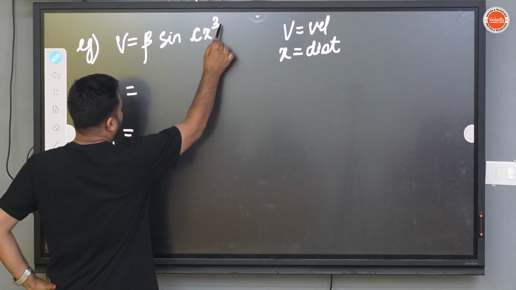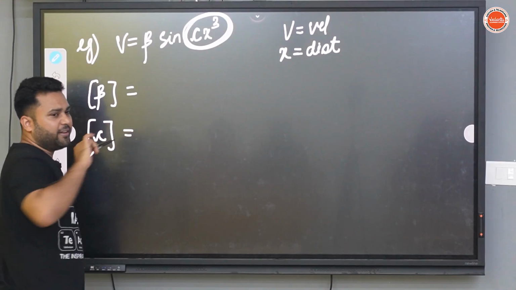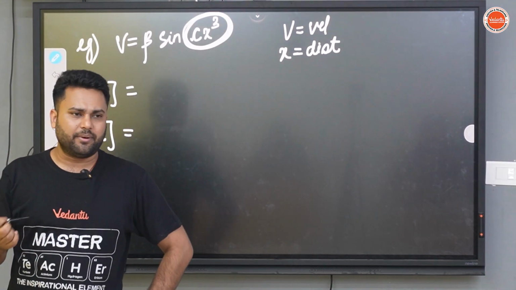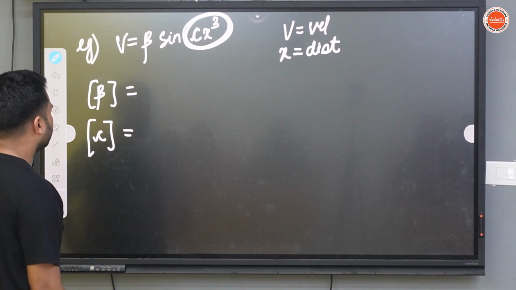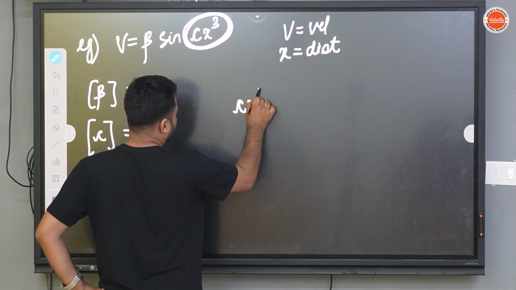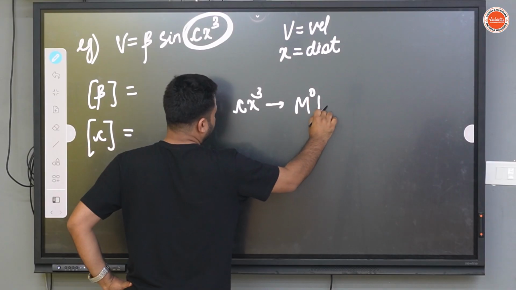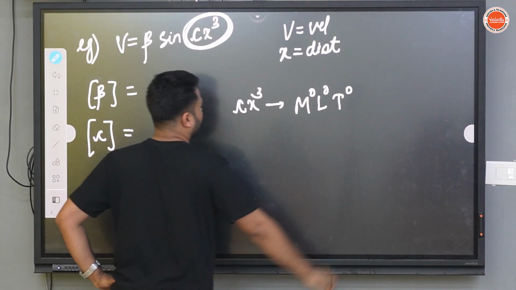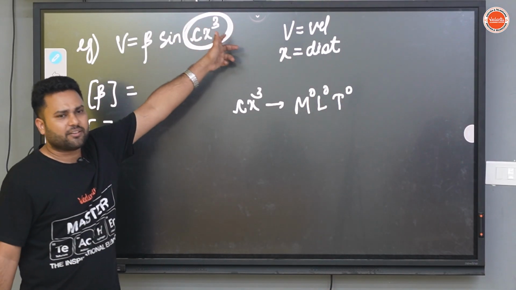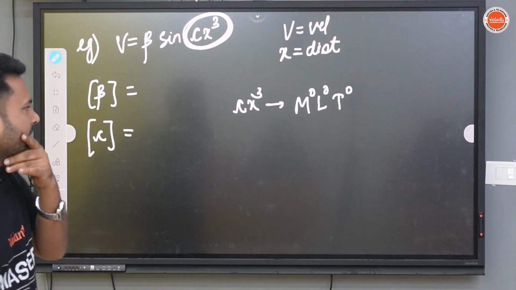See, sine of something. So this will be a number, not 30 degree, 60 degree, a number. A number has no dimension. So c x cube will have no dimension. Means this will be M0, L0, T0. Why? Because this will be a number, 30 degree, 40 degree, 80 degree, no dimension.